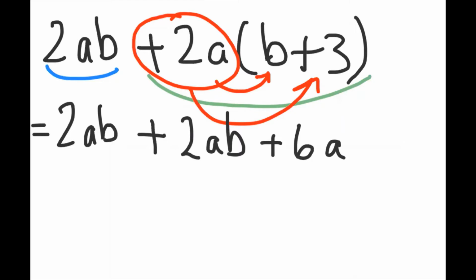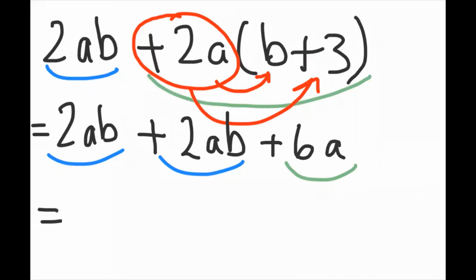Now we look, do we have any like terms? Yes, we do. There's an ab and an ab. There's only an a over here, not an ab, so we have to treat it differently. If we have like terms like ab, we can add them together.